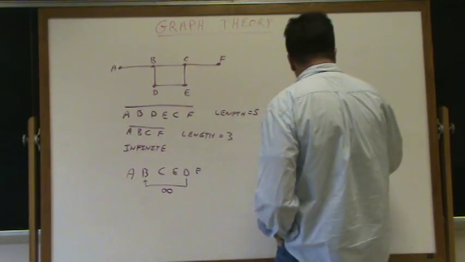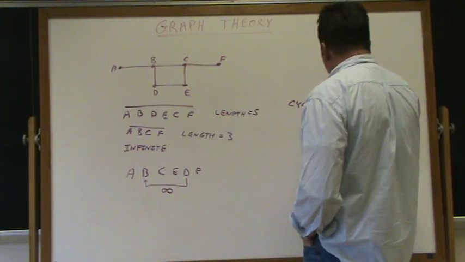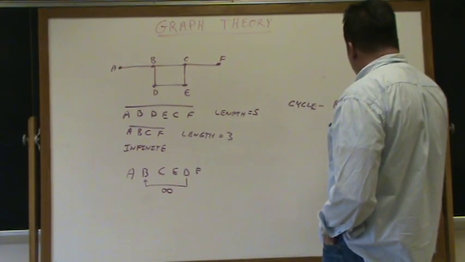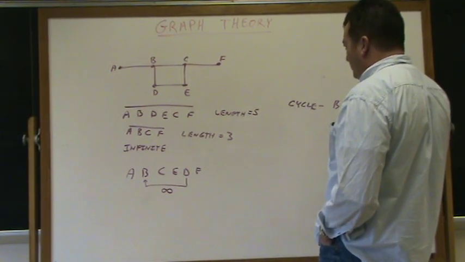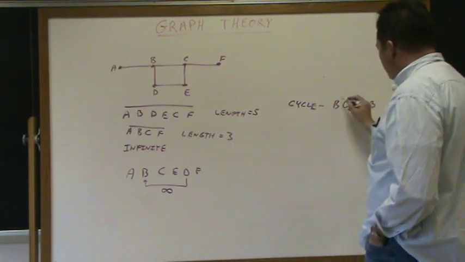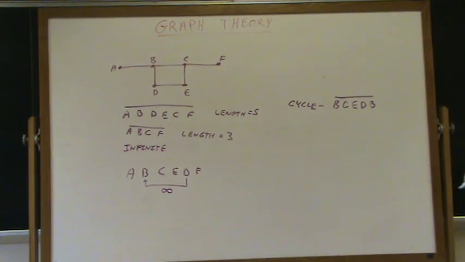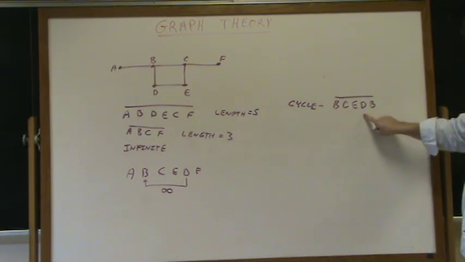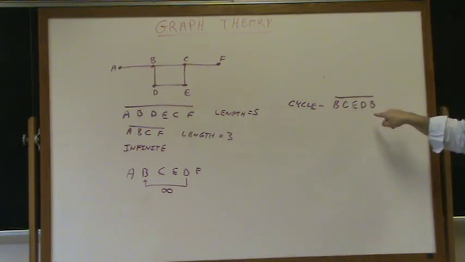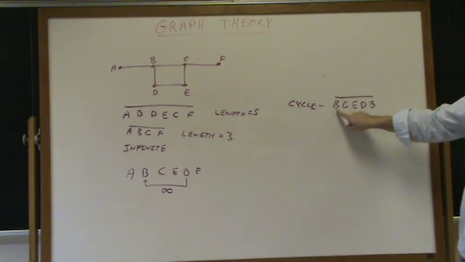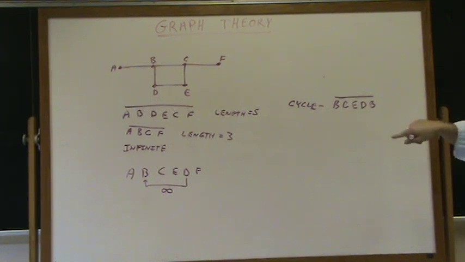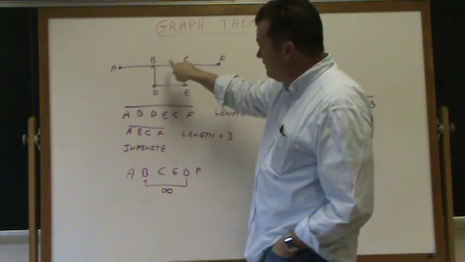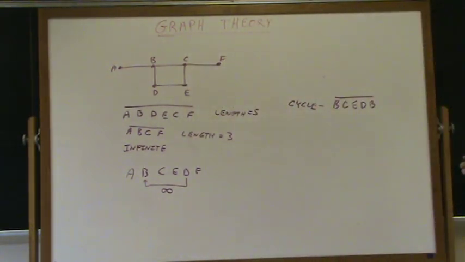So if we have a path like B, C, E, D, back to B, which is of length 4, 1, 2, 3, 4. Since the initial node and the last node are the same, it's a cycle. So that means we can travel it over and over again.